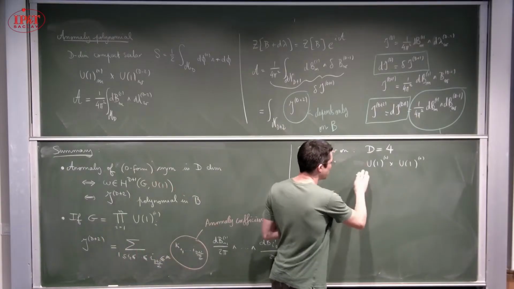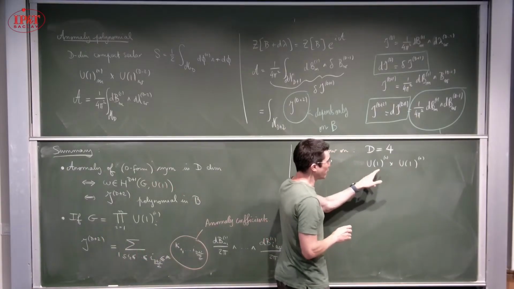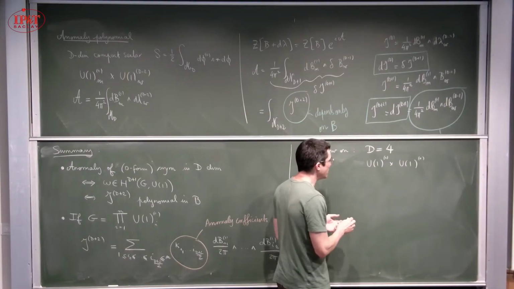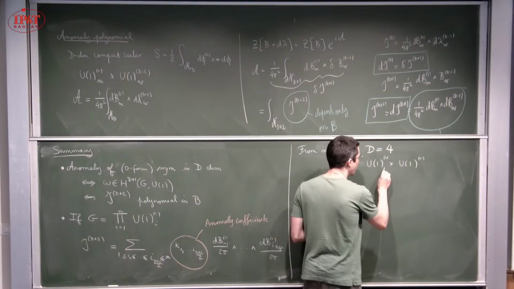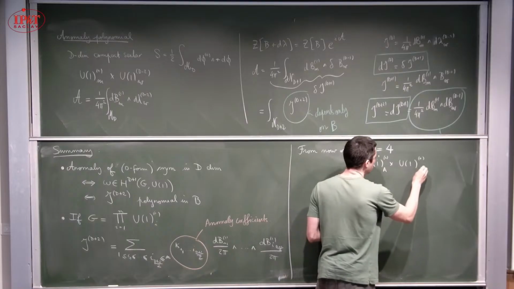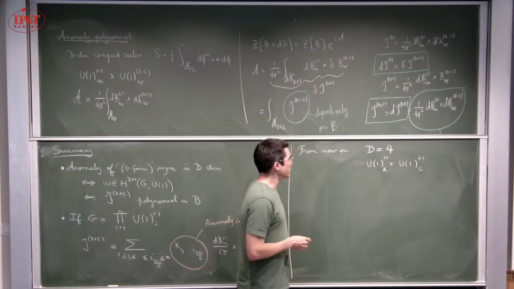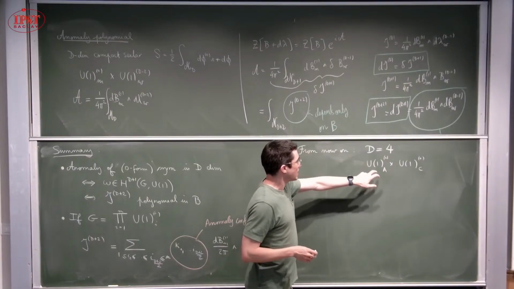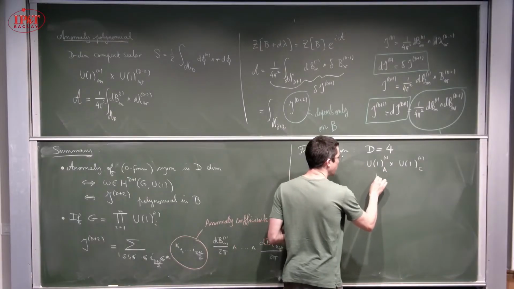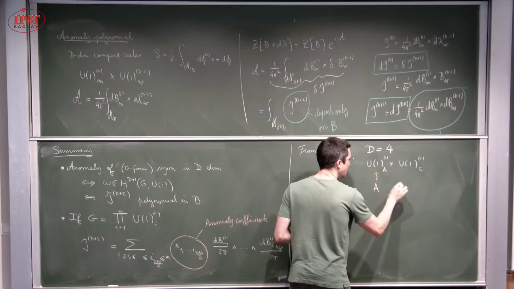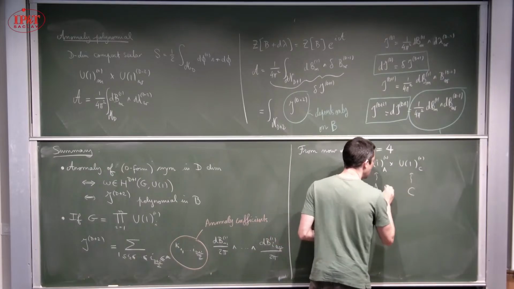So in particular, let's do it for this particular case where we have 2 U1s. Let's give them names. This one I will call A, and this one, for some reason, I call C. I just need to distinguish them. One is called A, one is called C, and that means that the associated background gauge fields I will denote by A and C. These are 1-forms.